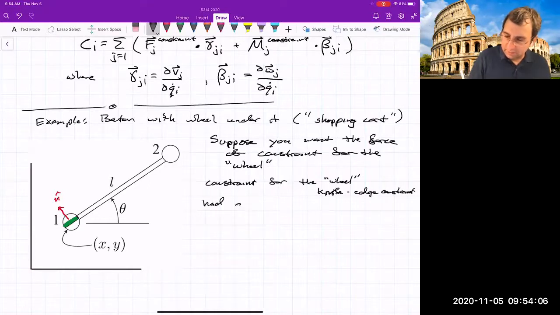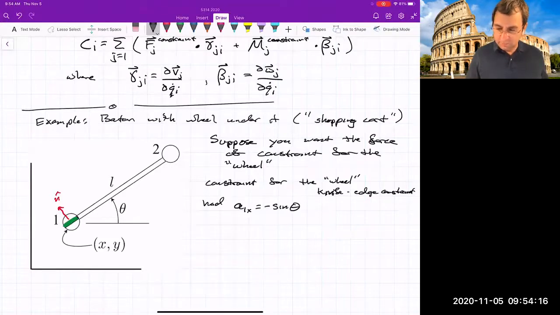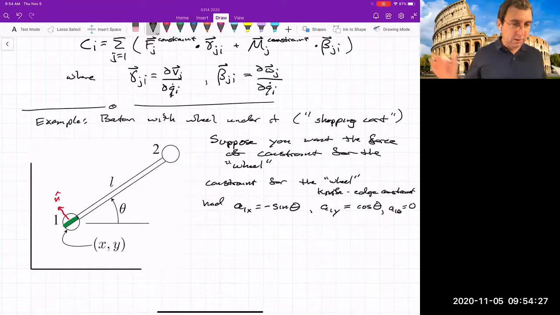It had A_1x, so the coefficient of x dot is negative sine theta. The coefficient of y dot was cosine theta. And the coefficient of theta dot was 0. And there was nothing else.